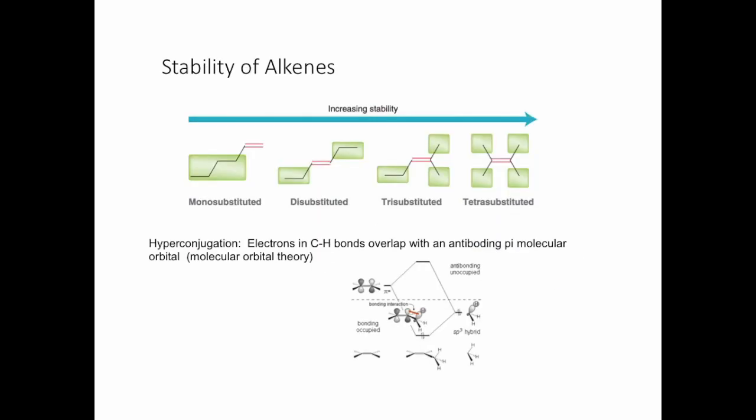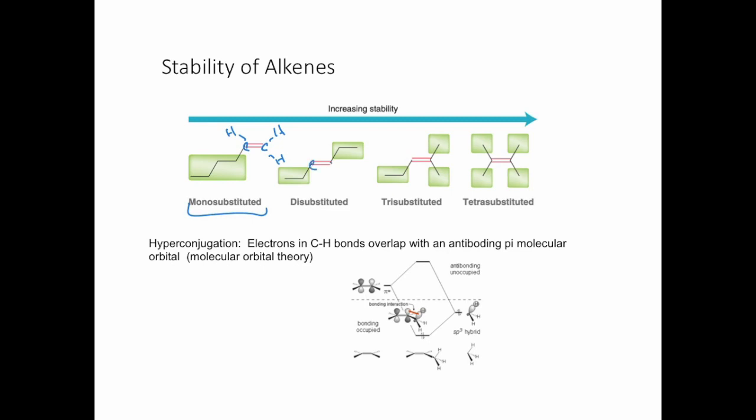In addition, the more substituted the alkene, the more stable it is. What do I mean by substitution? So I mean how many groups other than hydrogen are attached to the alkene carbons. So here this would be monosubstituted, because if we look at the carbons of the alkene, the carbon on the right has 2 hydrogens, the carbon on the left has 1, and then it's attached to 1 non-hydrogen group, so it's monosubstituted.